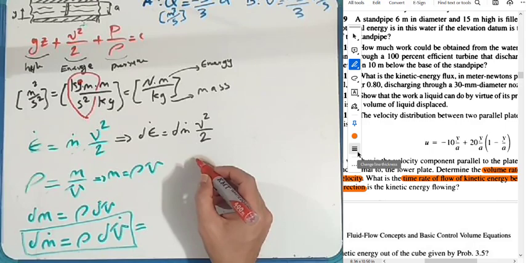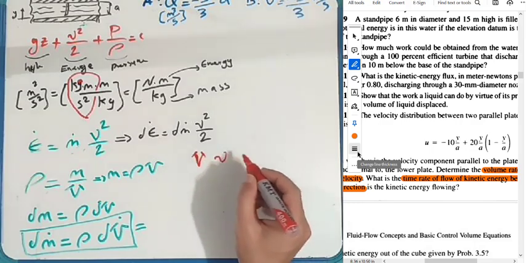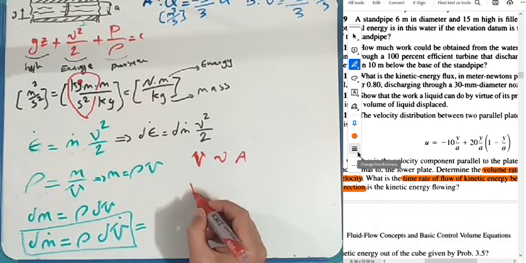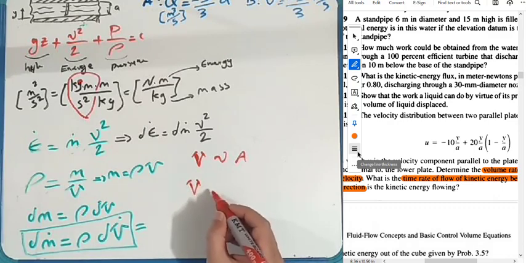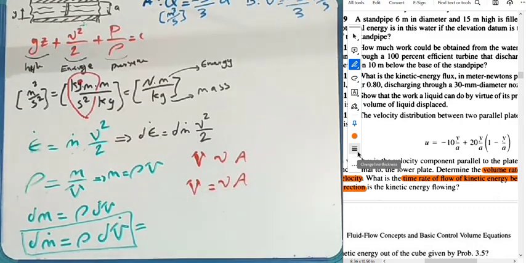What is the relationship between v, nu and A? I can write v dot equals nu times A, or not?